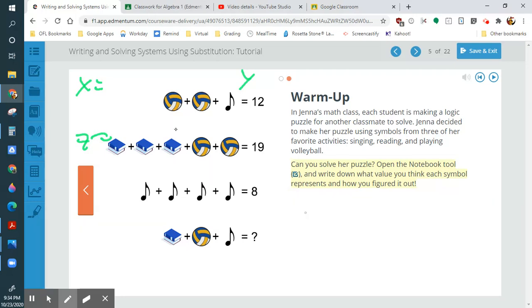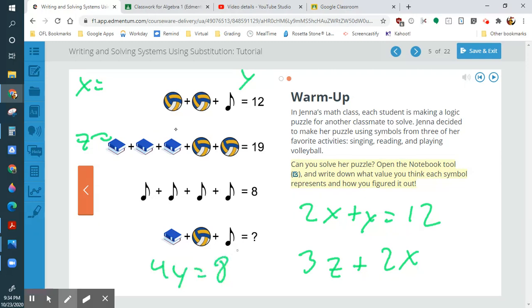It's a logic puzzle. A lot of people don't realize that this first equation is really this, and the next equation is really this, 3z plus 2x, because the volleyballs are x. And the next one is 4y equals 8.